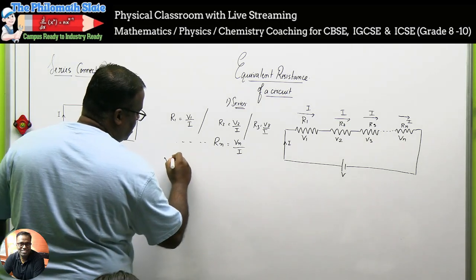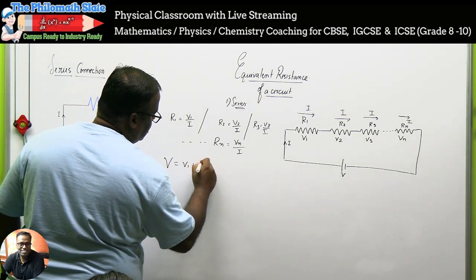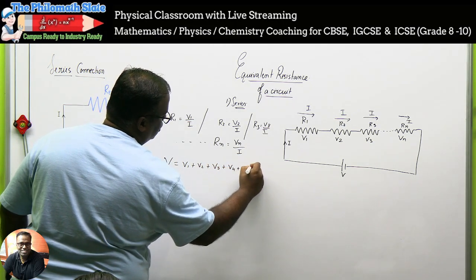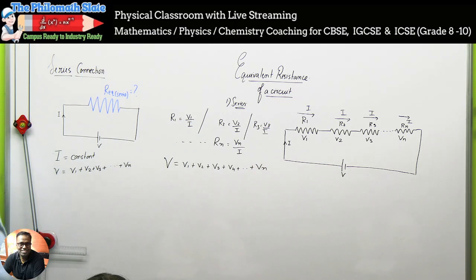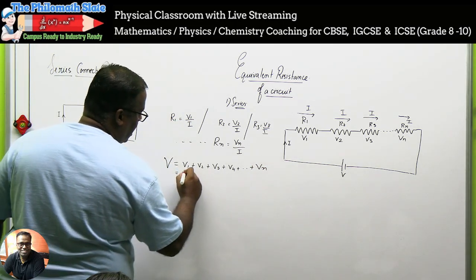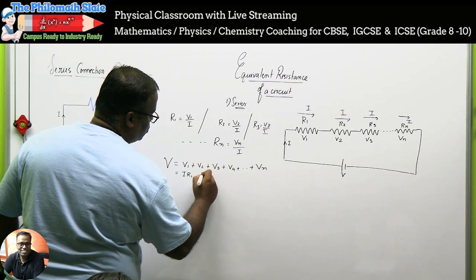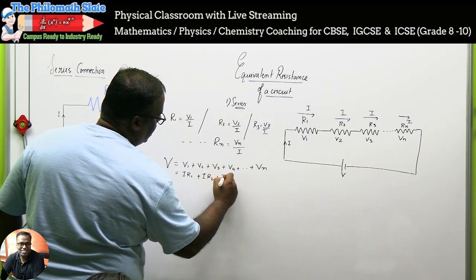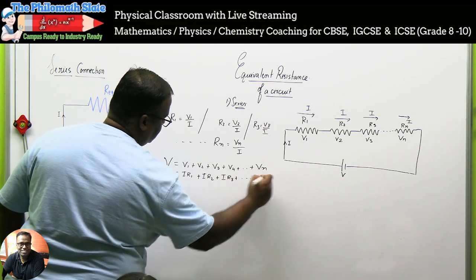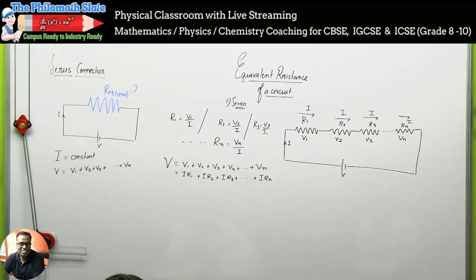So I write as V is equal to V1 plus V2 plus V3 plus V4 plus ... Vn. ये क्लियर हो गया आपको? राइट. बेटा V1 को क्या लिख सकते हैं? देखो तो I R1 लिख सकते हैं, इसको I R2, इसको I R3 plus ... I Rn. क्लियर? नो इश्यूज.